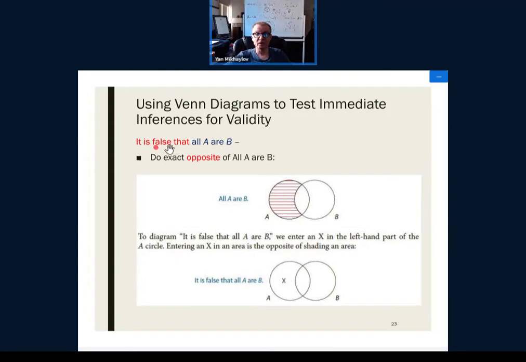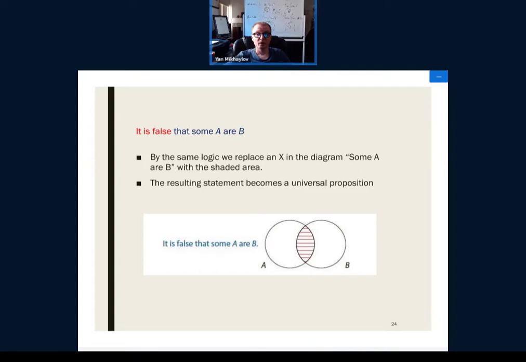So if it says it is false that all A are B, instead of shading, you put an X there. Equally, if it says it is false that some A are B, where some A are B would be an X, you have shading.